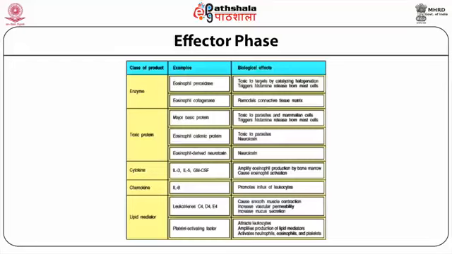This table shows the effector phases. The sensitization phase results in allergen-specific memory B cells. It also produces mast cells and basophils bound to the allergen-specific IgE through their Fc epsilon R receptors. The second exposure of the allergen results in the allergen cross-linking of IgE molecules on the mast cells.